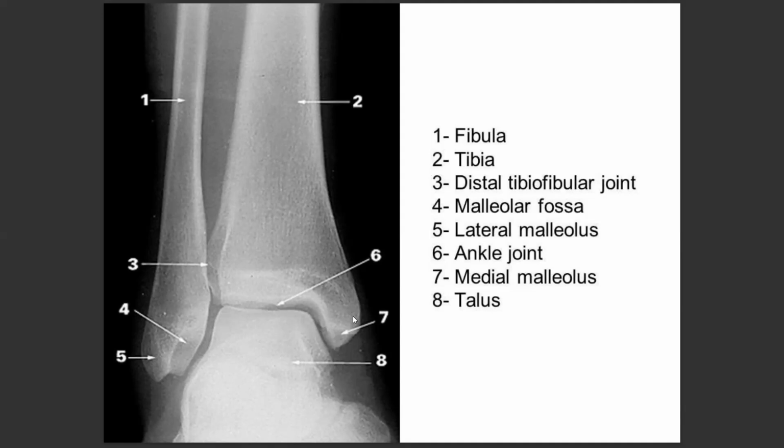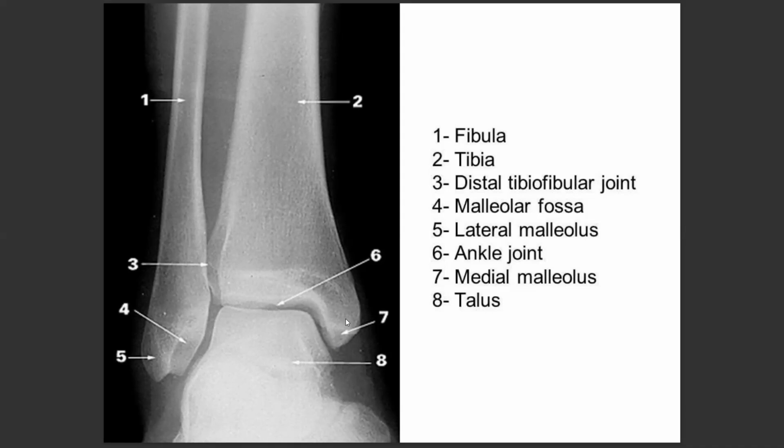If we look at the 2 malleoli here, the lateral malleolus, the fibular malleolus, is much more distal than the medial one. If we look here, this line indicates the talus bone. On the lateral side, there is bone here, and some part of the bone is also present just below this line. While here, there is no such bone.